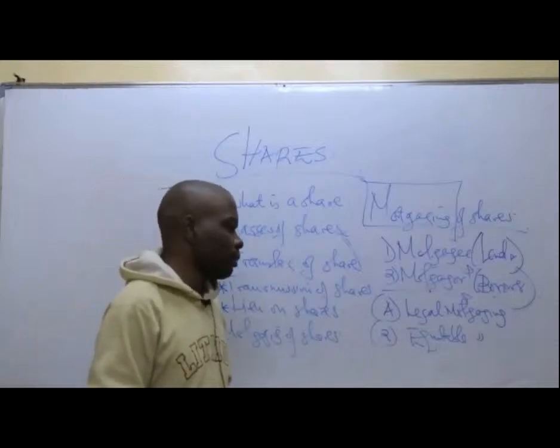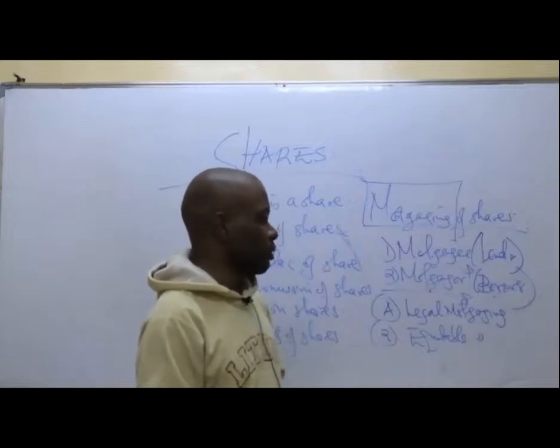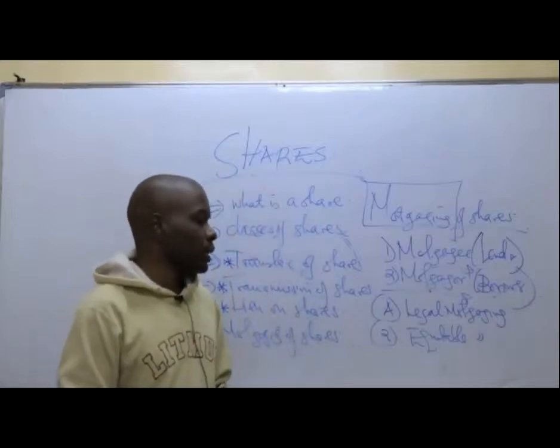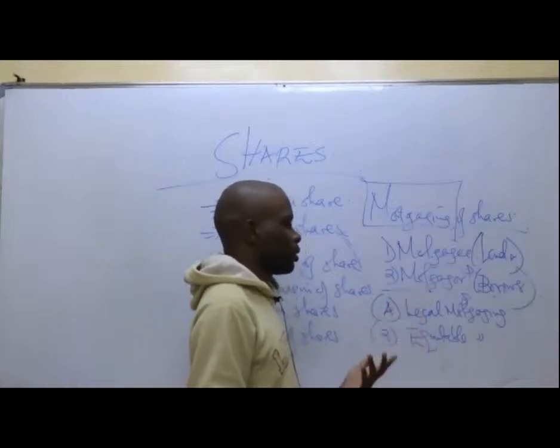Then the lender will fill out that share transfer form and transfer the shares into his or her name until the borrower, or the mortgager, is able to pay off the loan.